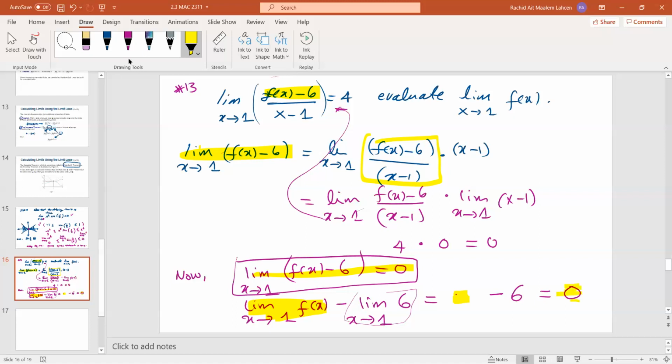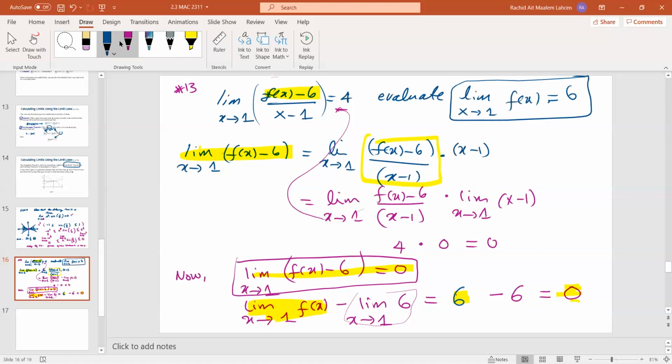And if the result has to be 0, that tells us that the limit of f of x is 6. All right. And you'll use the same method all the time. I'll probably solve a different one in class.